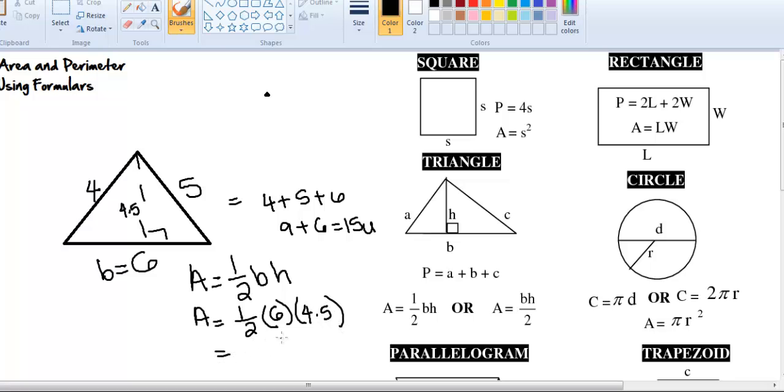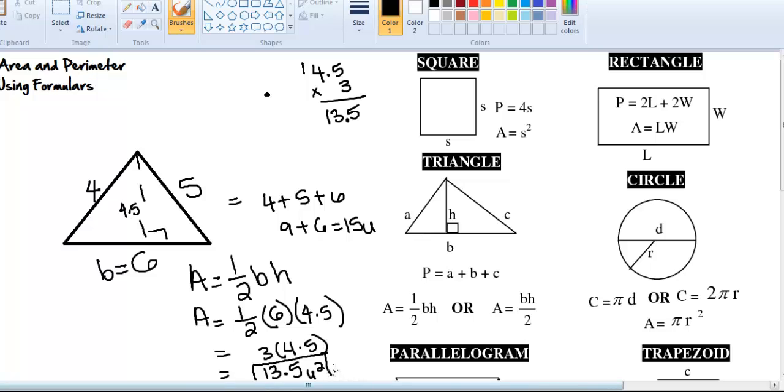Half of 6 is 3, times 4.5. You should by now know how to multiply fractions. 3 times 5 is 15. 3 times 4 is 12, plus 1 is 13. There's only one decimal place, so 13.5 units squared.